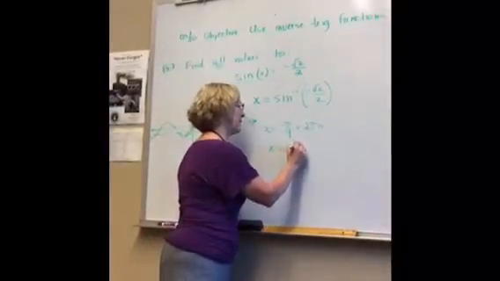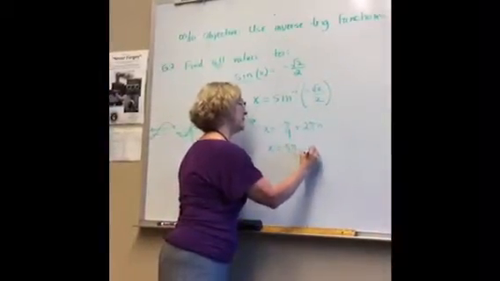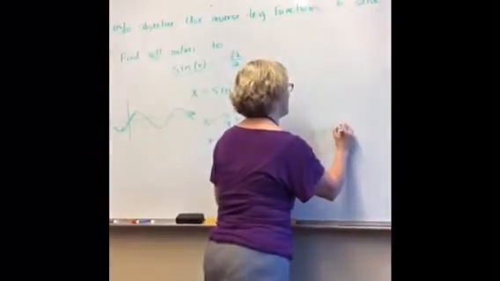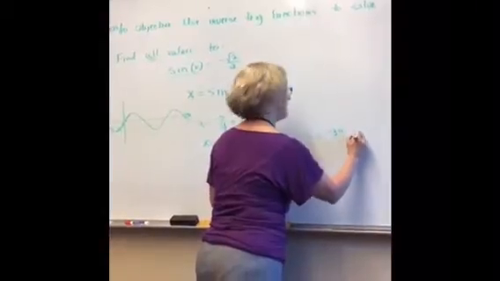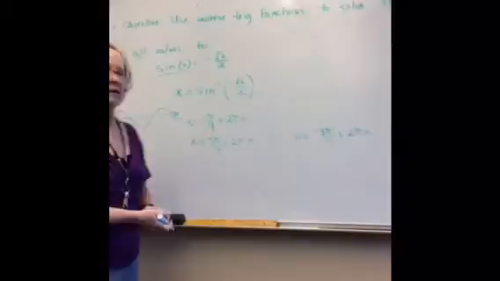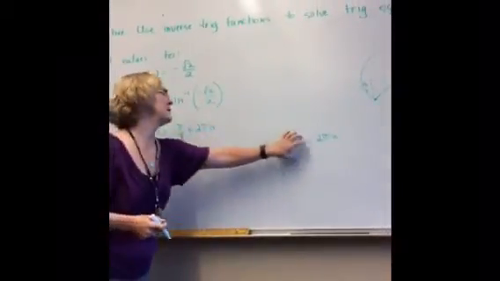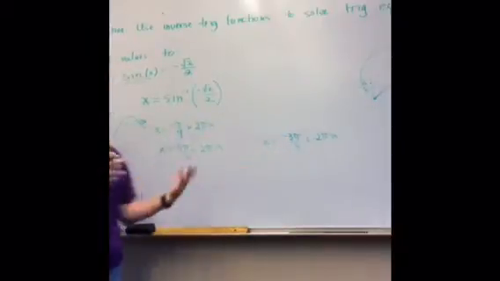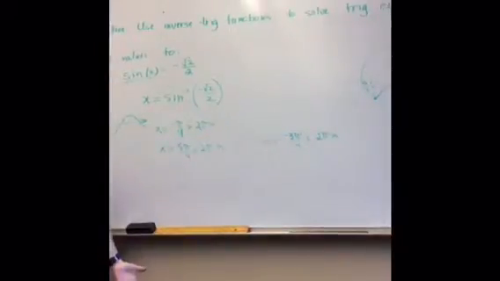You could say it's 5 pi over 4 plus 2 pi n. Or you could say x equals negative 3 pi over 4 plus 2 pi n. Just one of these, not both of them. But if you did this one and this one, or this one and that one, your answers are all correct.